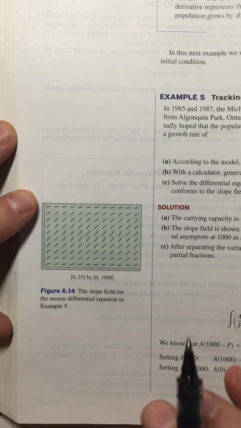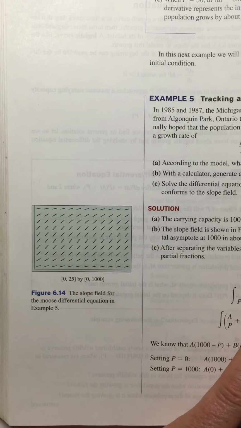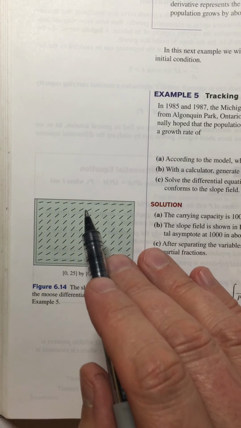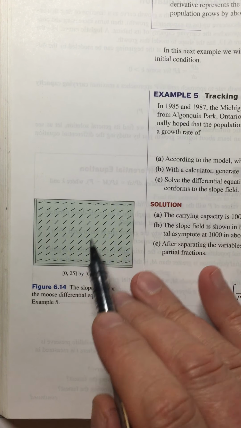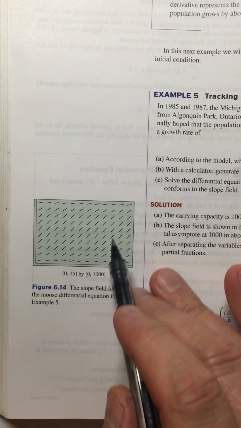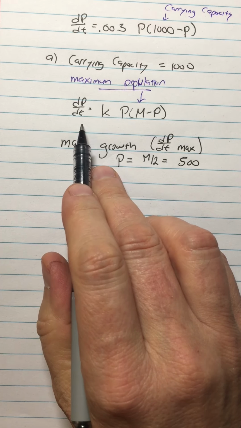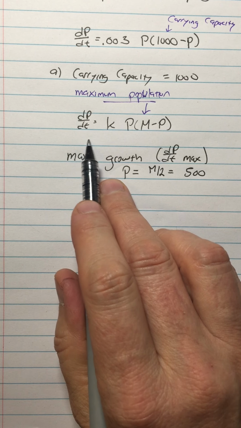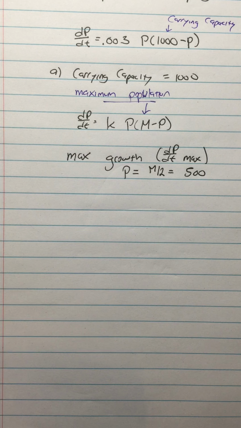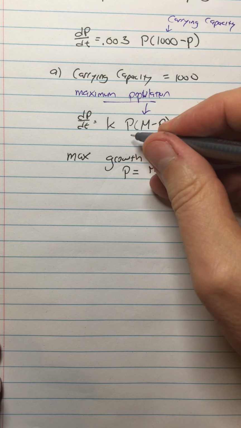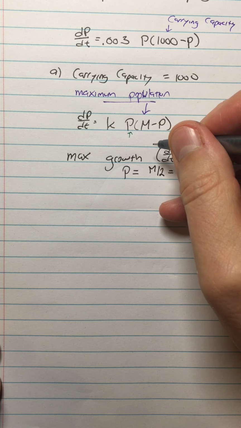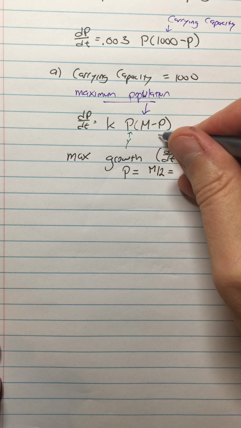Just looking at this slope field, there are actually interesting things that you can see. One of the things that's interesting is, notice how every column is a carbon copy of the column before it. The reason for that is that if you look at the general differential equation this comes from, P is your dependent variable.